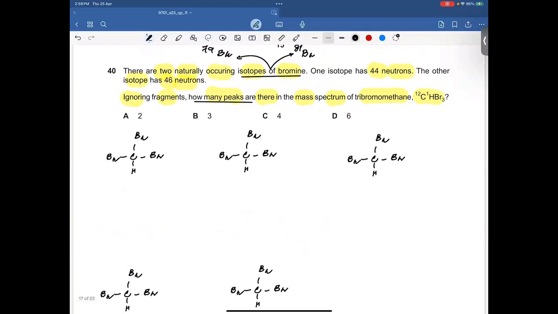According to permutation combination, the first possibility is that all the bromine atoms are isotope 79. Okay, so let me find the mass. 79 times 3 plus 12 plus 1 is going to be 250. So MR of this is 250. The second permutation combination shows that all bromine atoms are 81. So 81 times 3 plus 12 plus 1 is going to be 256.